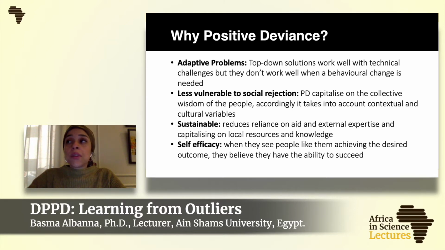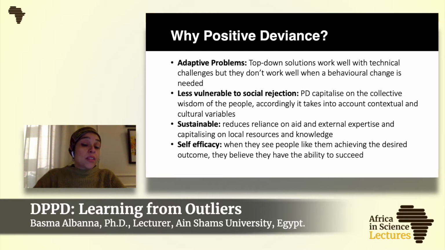For example, Sternin decided not to use the traditional supplemental feeding programs because their impact lasts only throughout the duration of the program and doesn't last beyond it. In such cases, when those problems are complex and require behavioral change, positive deviance fits better.